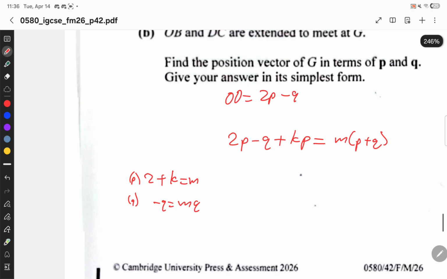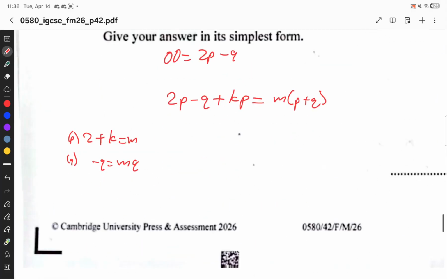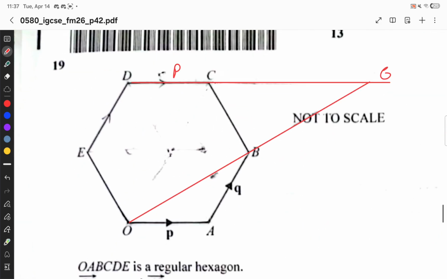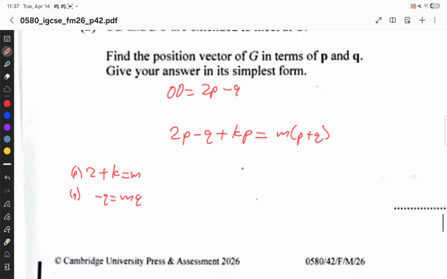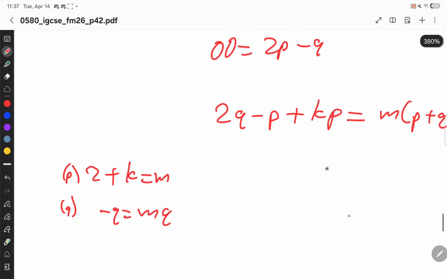This is wrong. Yeah, 2q minus p. 2q minus p, yeah, like so.